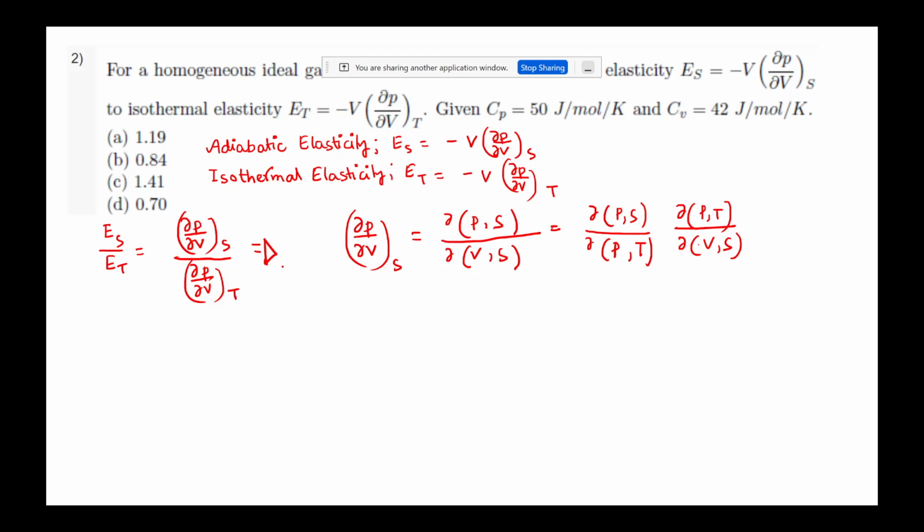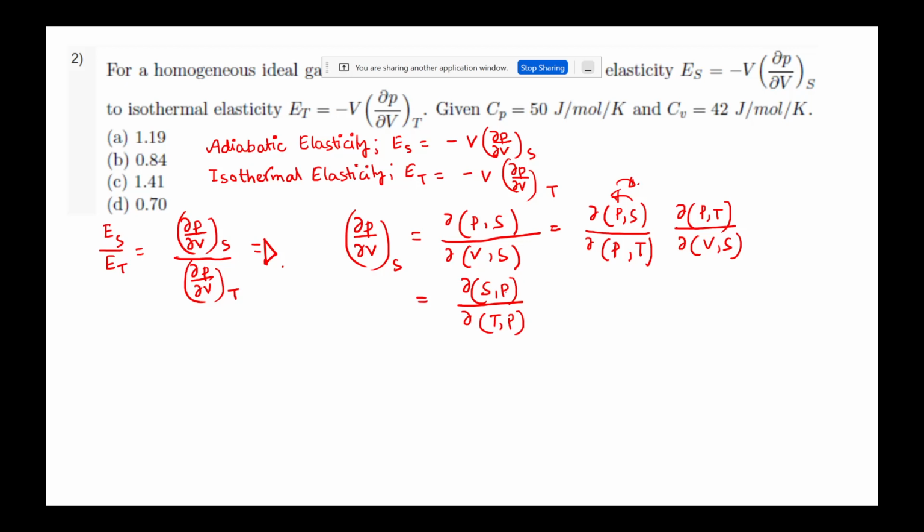Now for this, I have to change the order. So first here to here and here to here. So this will be SP, and I have also changed this to TP.